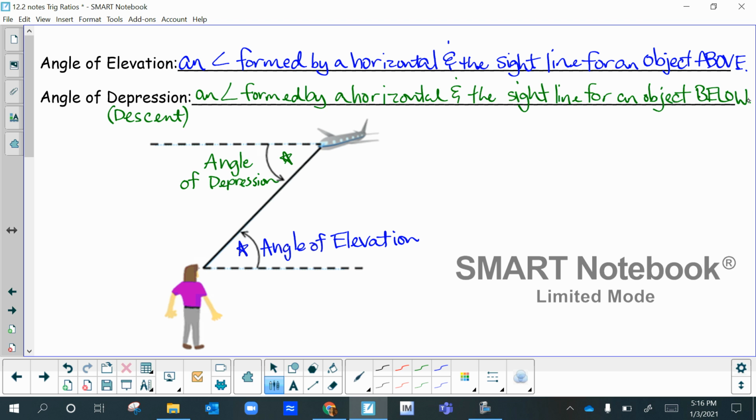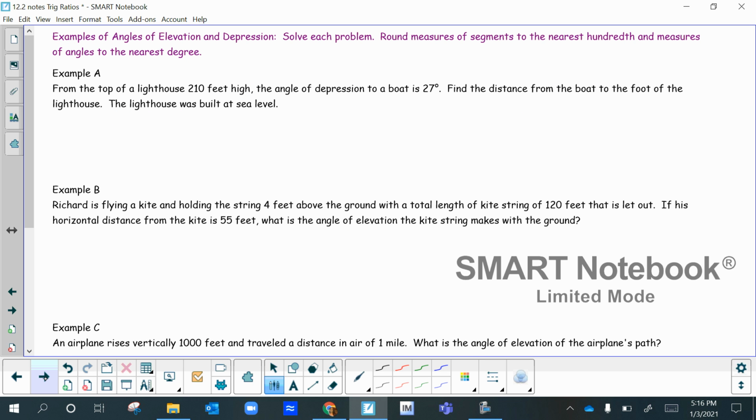So let's imagine the pilot is up here, okay, here would be a horizontal, and his line of sight is looking down at the person. So between that horizontal and that line of sight looking down is your angle of depression, okay? So the reason why I'm going over that is because you're going to have word problems based off of these as well. Okay, so last one.